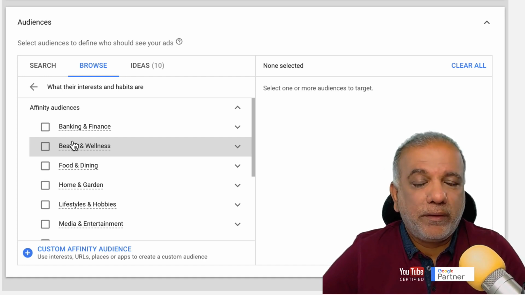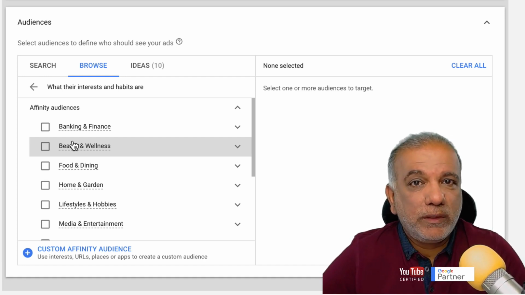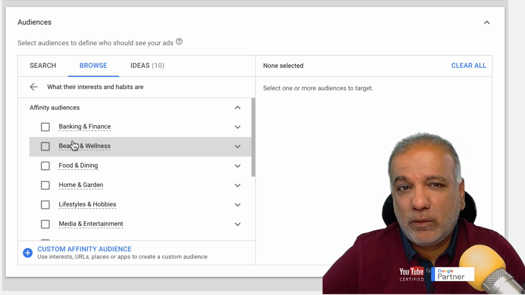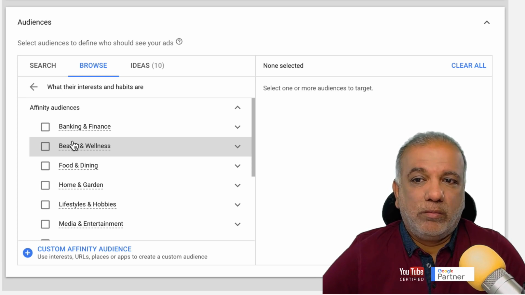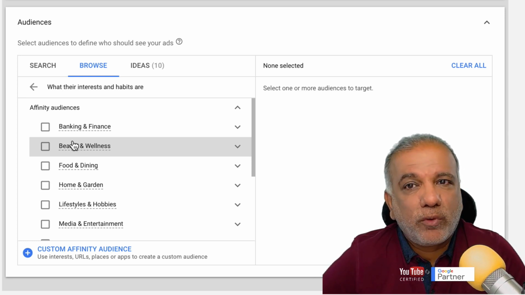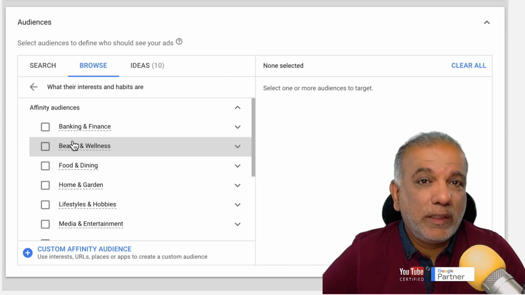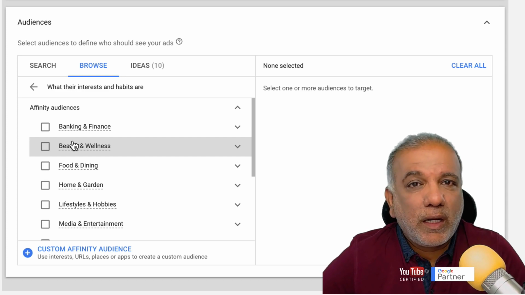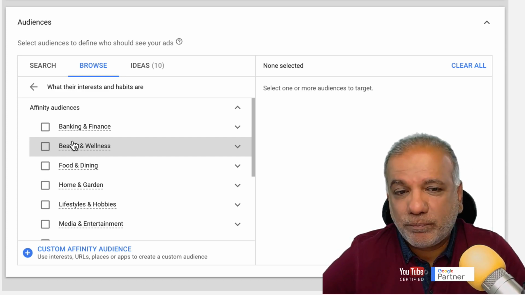It's a long-term interest. In-market audience are those who are in the market for a particular service or a product. So when I want to search for car insurance on a yearly basis, only at a particular time in the year I would search. I won't be searching for car insurance all year long.